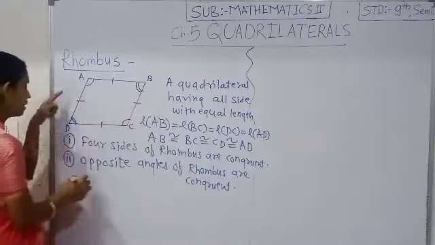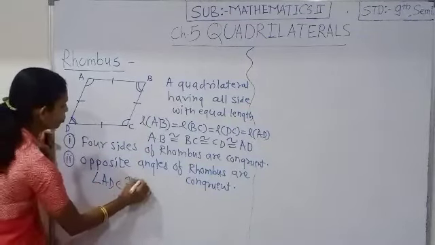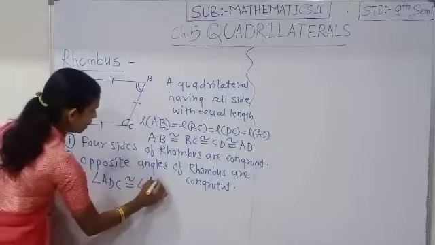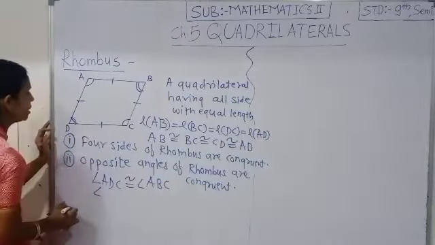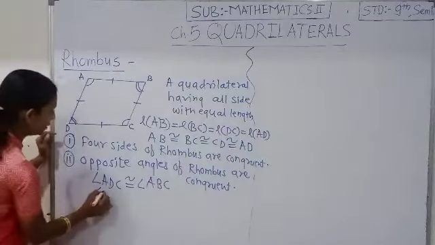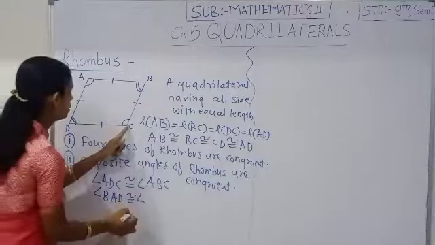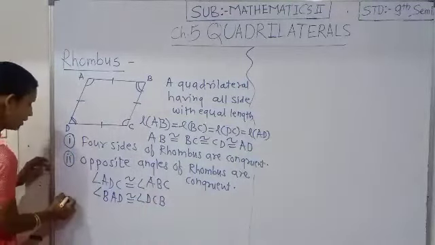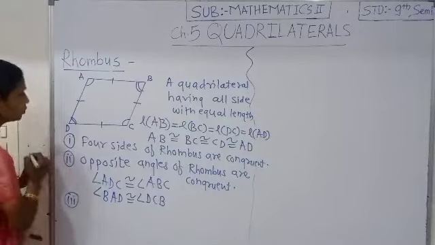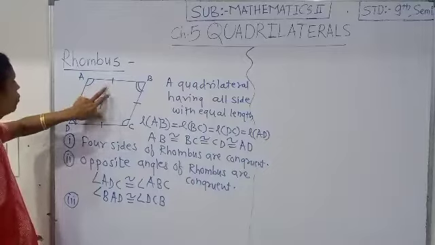That means angle ADC is congruent to angle ABC, as well as angle BAD is congruent to angle DCB.